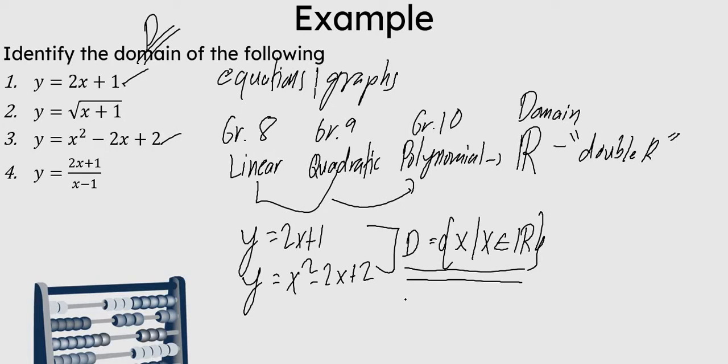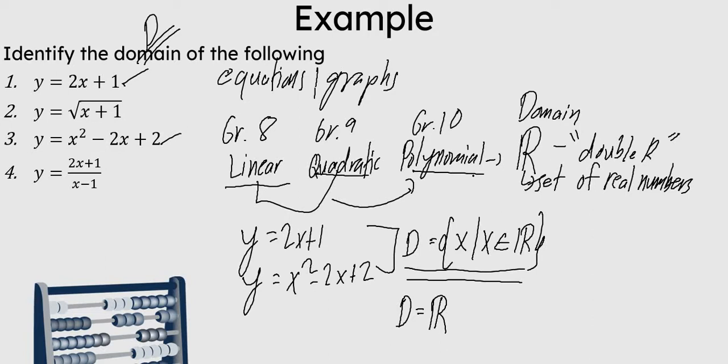We can also simply write the domain is equal to double R, because the double R itself means the set of real numbers already. So again, if our function is linear, quadratic, or polynomial, our domain will automatically be the set of real numbers.